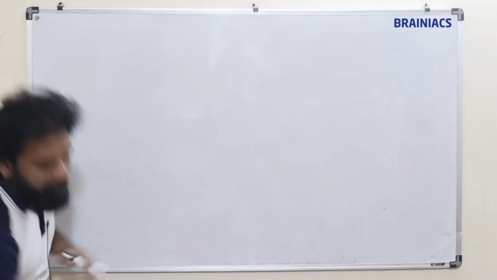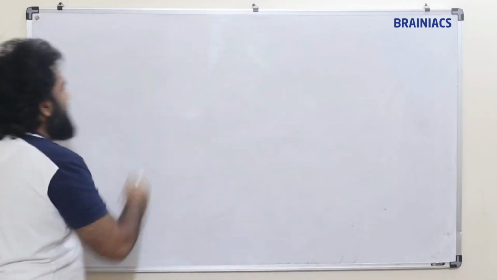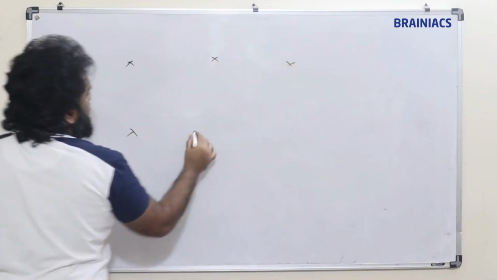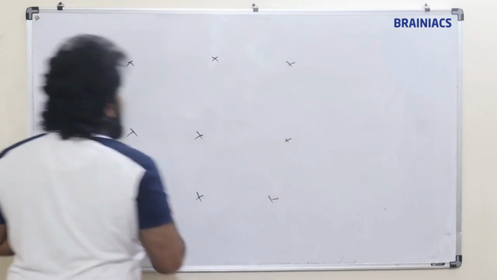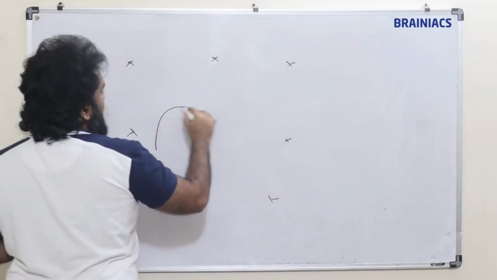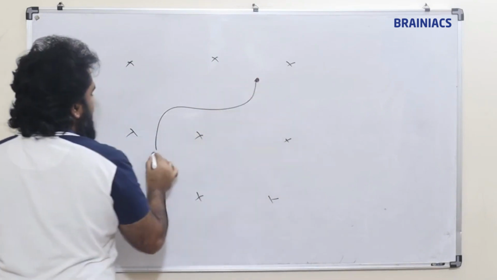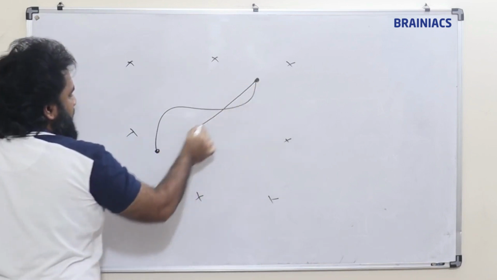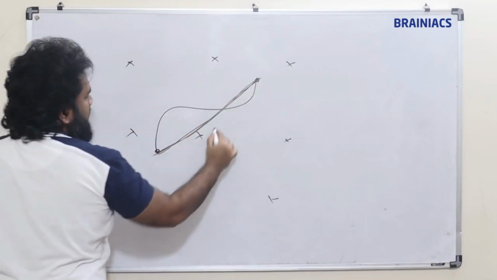Suppose we are getting some other shape, not a rod, any arbitrary shape. Suppose this is the magnetic field, and we are getting the shape of the rotating rod like this, then which one should we take? We should take like this. So this must be the length.